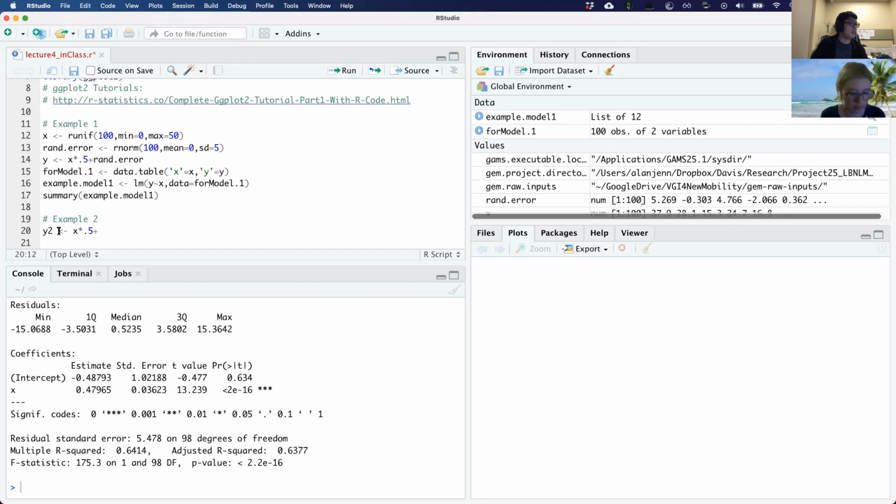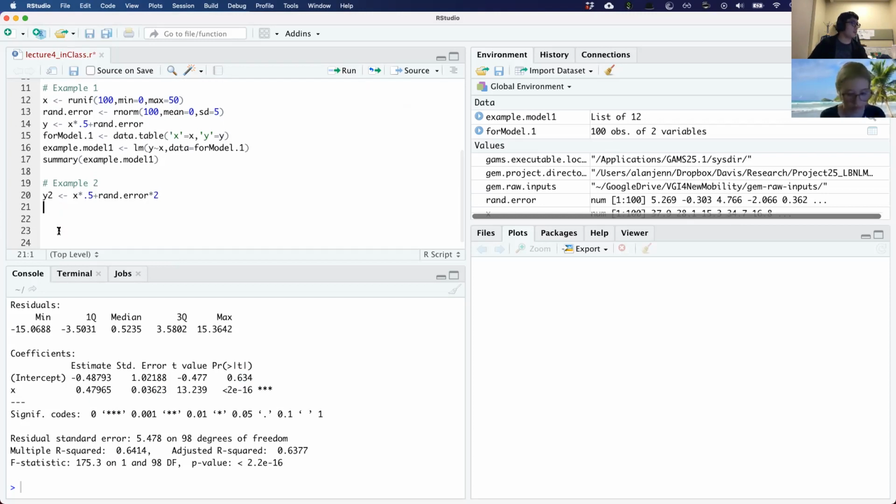So if I do this and multiply by 2, this was our example 2 from last class. And again, I'm going to just quickly replicate this example.